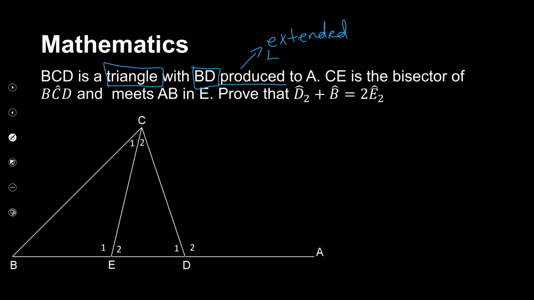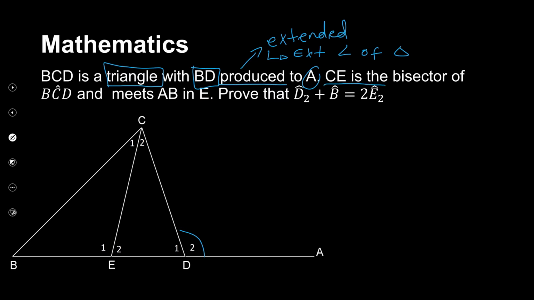Because of that, I can talk about the exterior angle of a triangle, because one side is produced to the point A. So in simple terms, angle D2 is equal to D plus C, because it will be the interior angle.